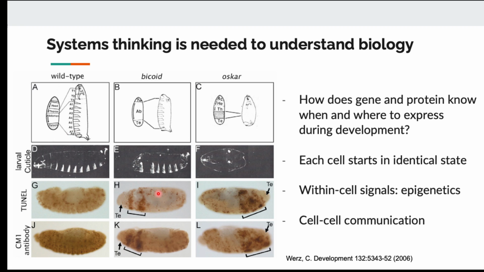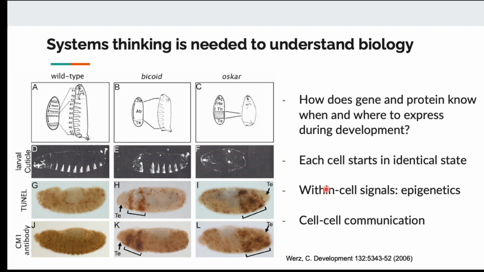But during development, a cell has to realize that it is going to turn into liver. It has to activate liver-specific genes and form liver tissue. Cells that form the heart have to express cardiac-specific genes and then develop into heart. So cells have to know where and when to express certain genes and proteins.